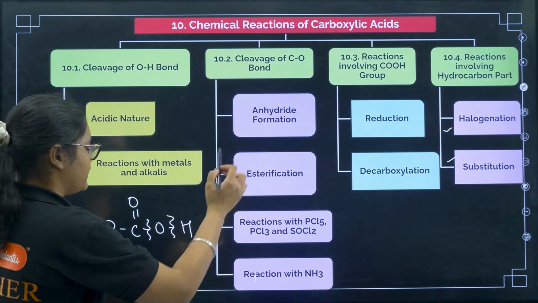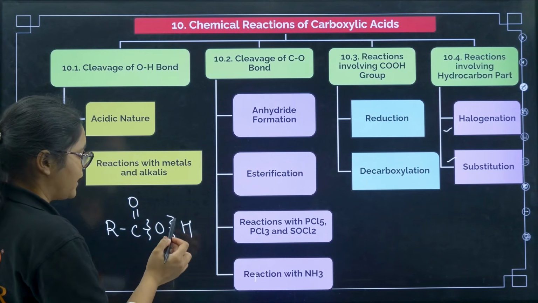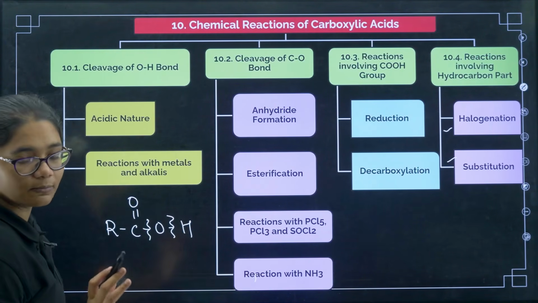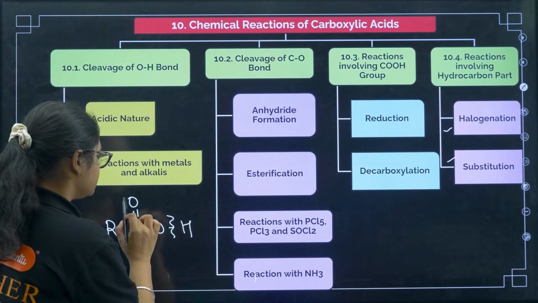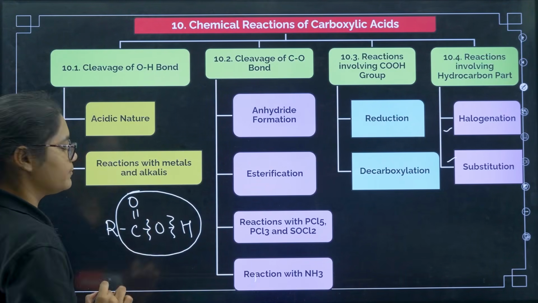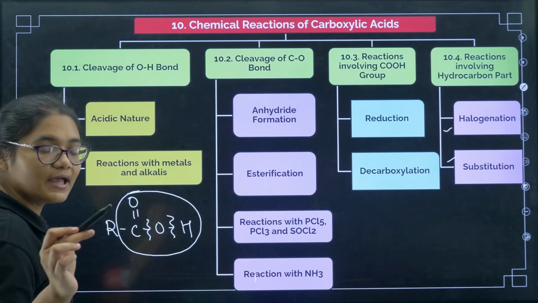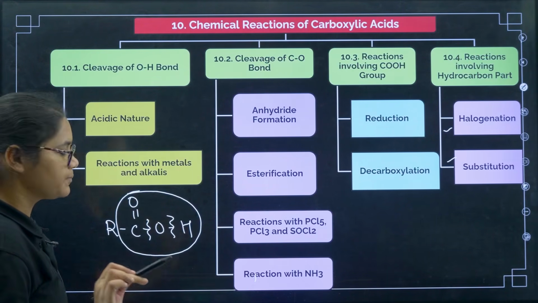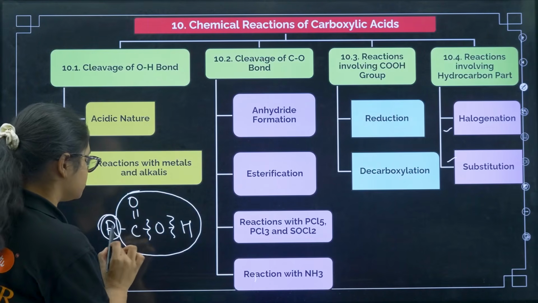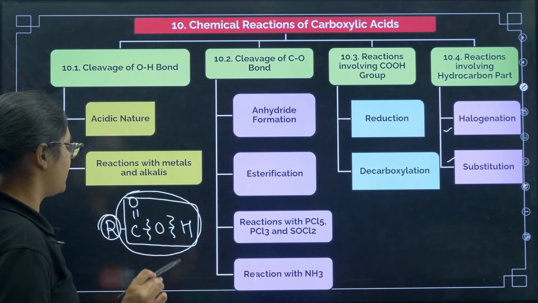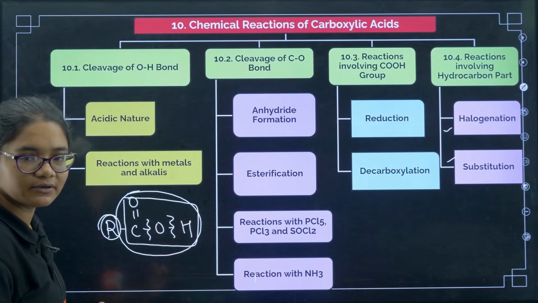In that we have anhydride formation, esterification, and reaction with PCl3, PCl5, SOCl2 and ammonia. Now the next one is where the whole COOH group is involved: reduction and decarboxylation. Now the reactions where this R group is involved, this COOH remains as it is, but this R group is involved. There you have halogenation and substitution reactions.